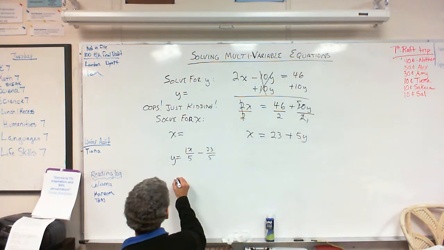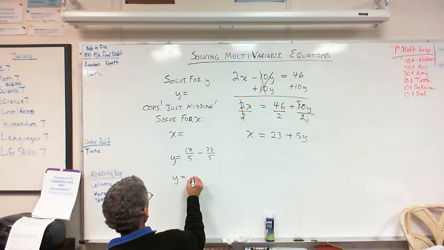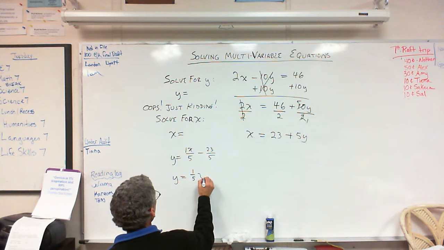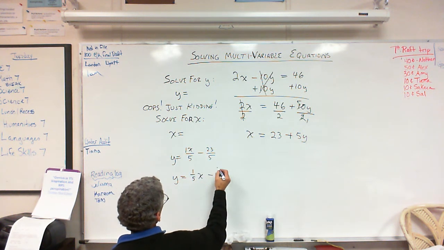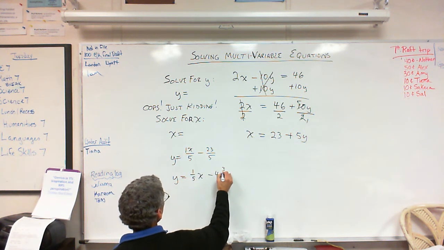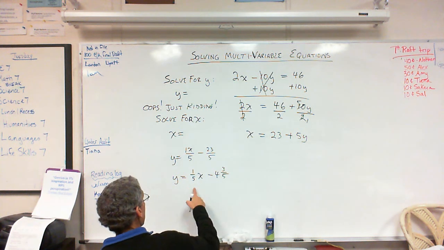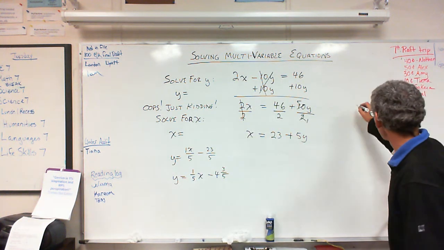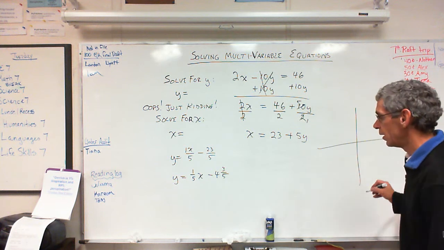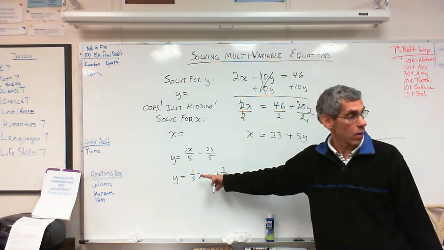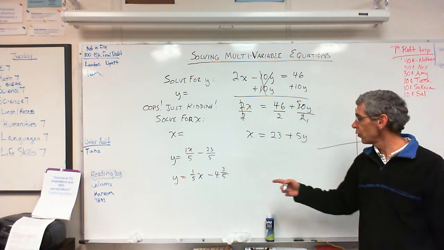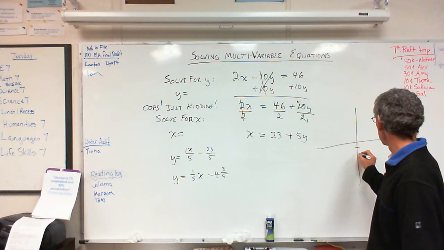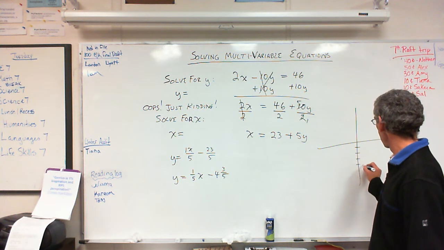So if I were going to rewrite this in slope-intercept form, I would say 1/5 x minus 4 3/5, right? Doesn't that look like slope-intercept form? Piece of cake. This is my y-intercept, negative 4 3/5, so it's going to be somewhere around there.